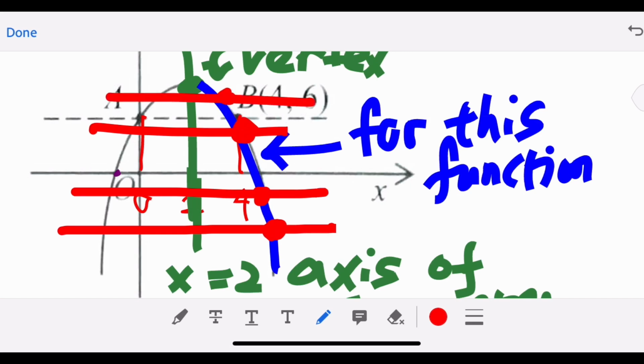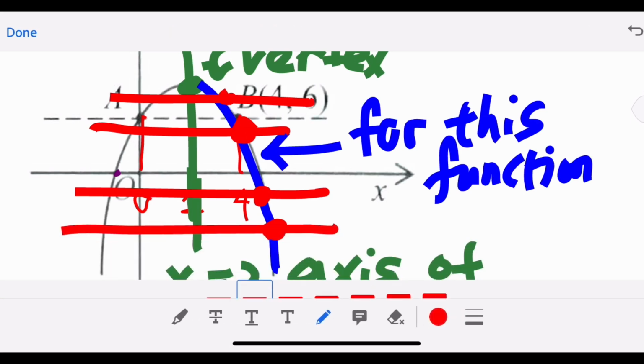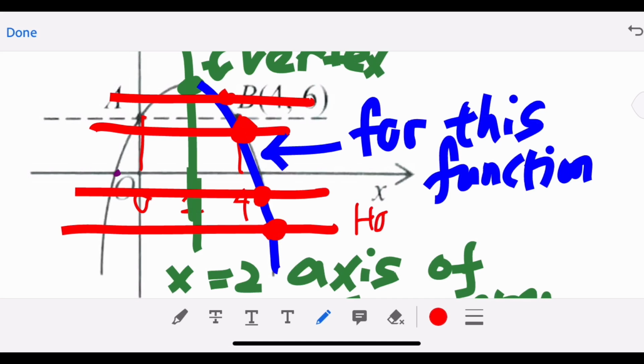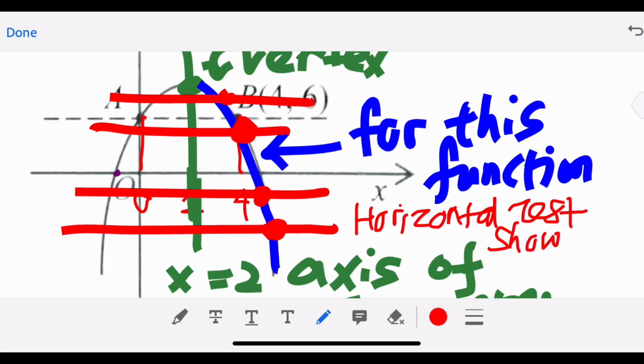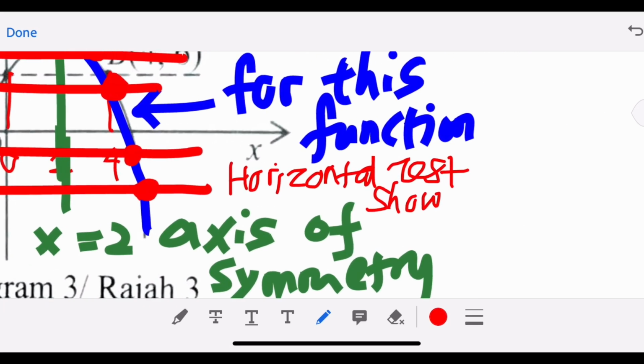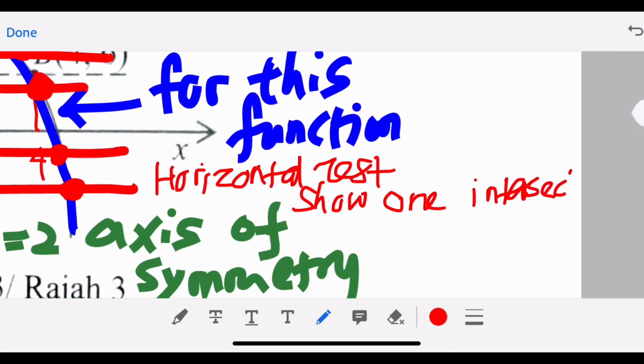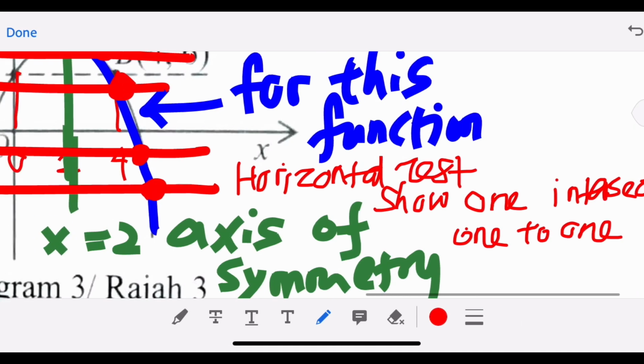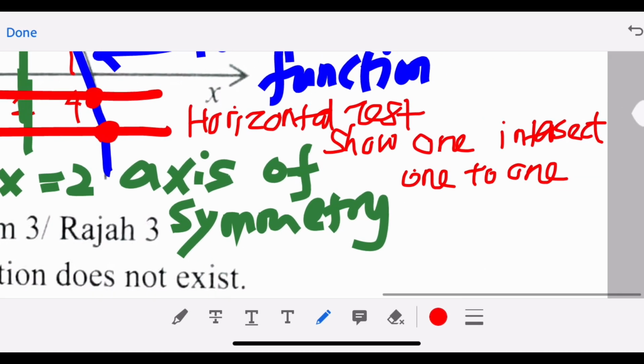I'm drawing the horizontal test to test whether it is a one-to-one relation. Yes, it is a function because one value of x will have one value of y. You can see the 1 point means you have one x and one y. The horizontal test shows only one intersection point. So this function is a one-to-one relation.